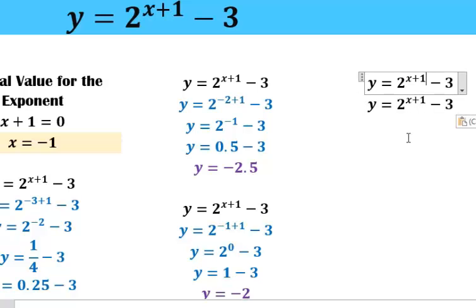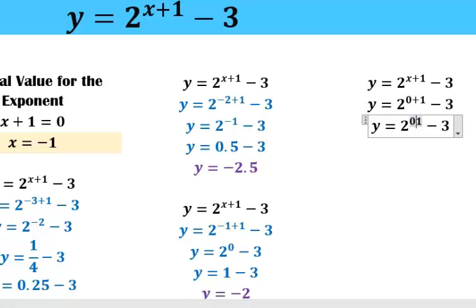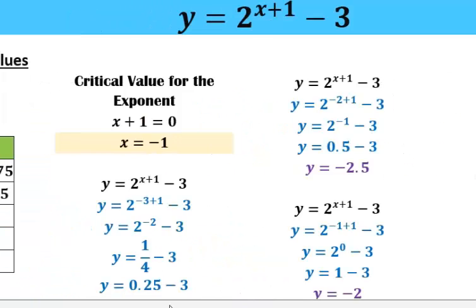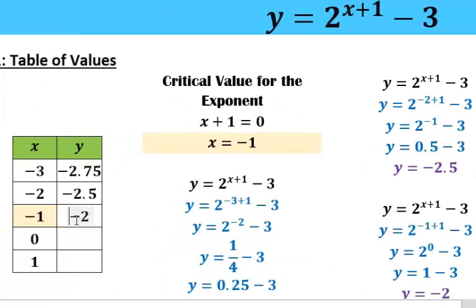With positives, we tend to be fine, or with 0. So 0 plus 1 gives me 1. Any number raised to 1 gives me the same number, so 2 raised to the power of 1 is just 2. And 2 minus 3 will be negative 1. So I put negative 1 here.